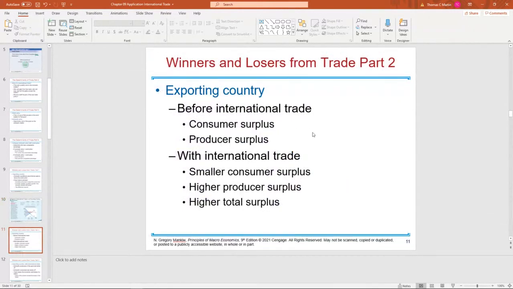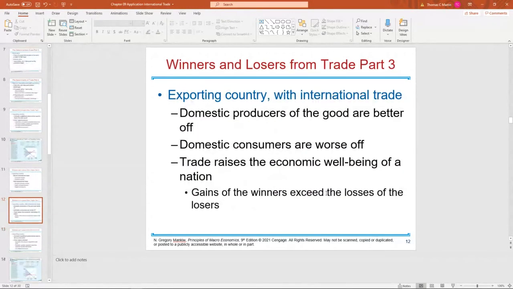Exporting country before international trade. The domestic producers are better off because they're selling goods at the higher price. There's more. If we go back to 7, and we look at the individual businesses that enter the marketplace going up and down that supply curve.